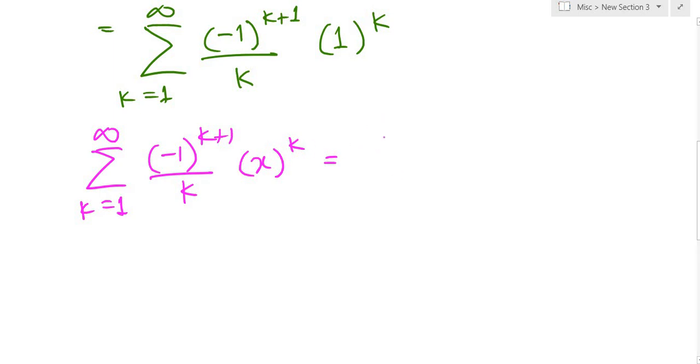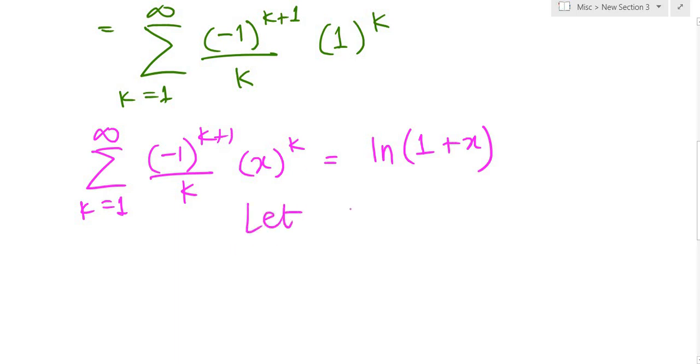But what was this equal to? If you clearly remember from most of the videos that I've done about these infinite series or stuff involving Taylor polynomials, this was the Taylor expansion of the natural log of 1 plus x. Well, instead of this x, now we just have a 1. So why don't we make that substitution?